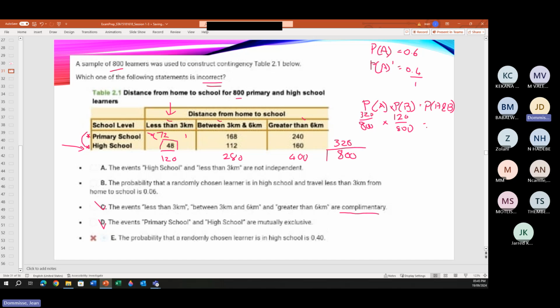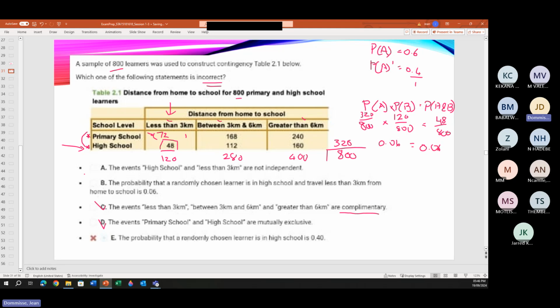And let's see, if we then work that out, 320 divided by 800 times 120 divided by 800 is equal to 0.06. The probability of A and B, so that is 48. So let's check 48 divided by 800. What does that give us? 48 divided by 800 is equal to 0.06.